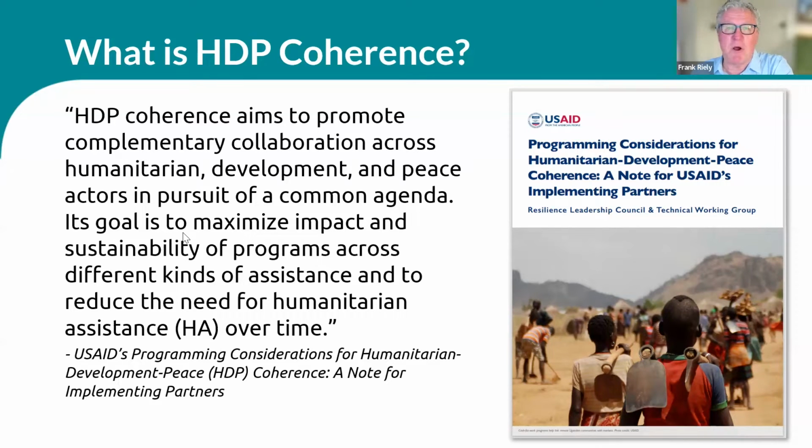During today's webinar, we will be focusing on how implementers have collaborated across the HDP pillars to facilitate greater data and information sharing, both within and outside of their organizations, to improve effectiveness, again, across humanitarian development and peace-focused interventions.